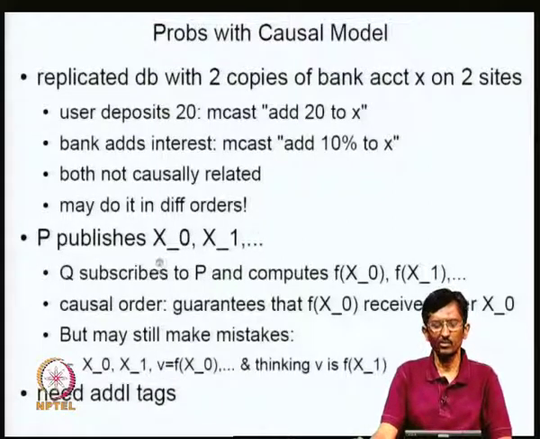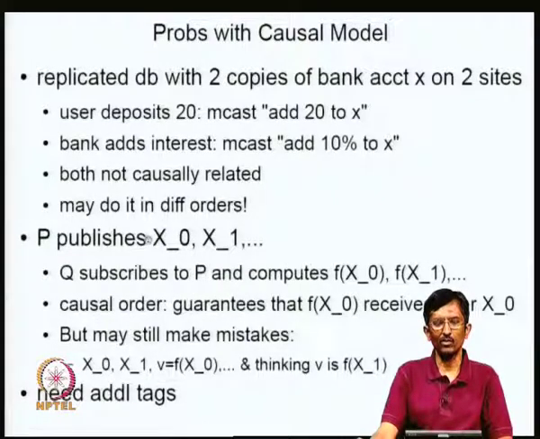Okay. The other issues similar to this: let us say that you have 2 entities P and Q. P is publishing certain values, it is computing. Basically, it is a publish subscribe paradigm. So, P is publishing these various values, and Q is picking up these values and computing some value.